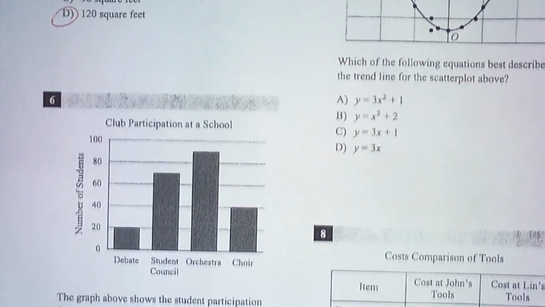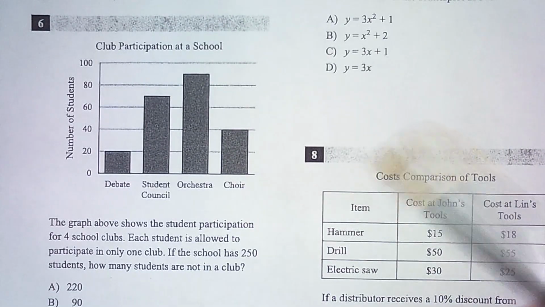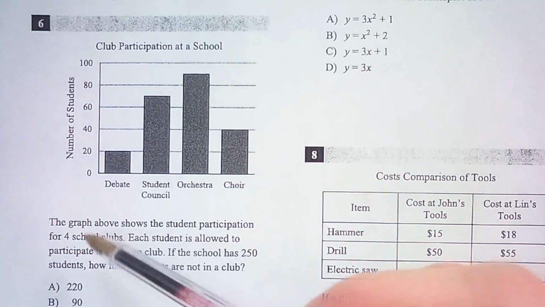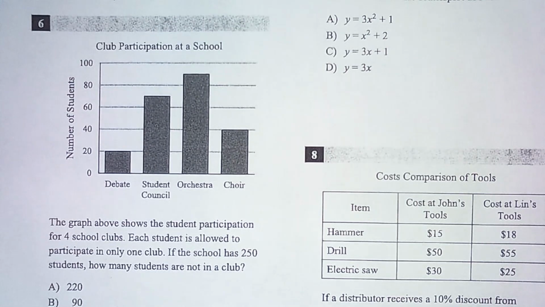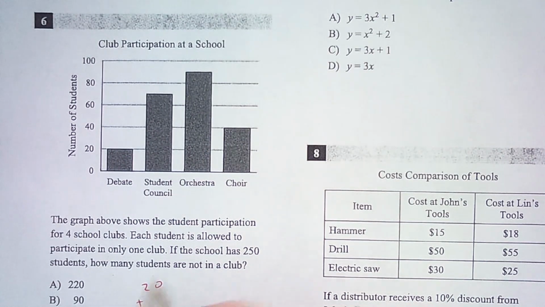Club participation at a school. The graph represents the student participation for 4 clubs. Each student is allowed to participate in only one club. If the school has 250 students, how many are not in a club? Well, debate has 20 members.